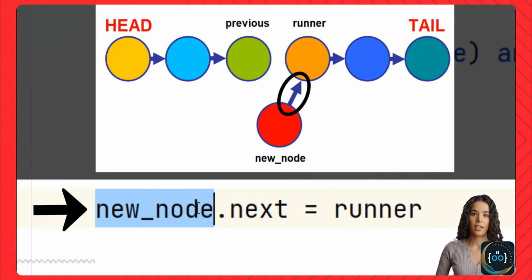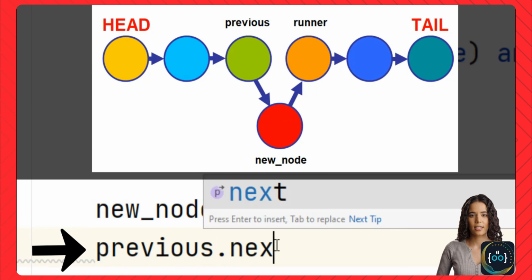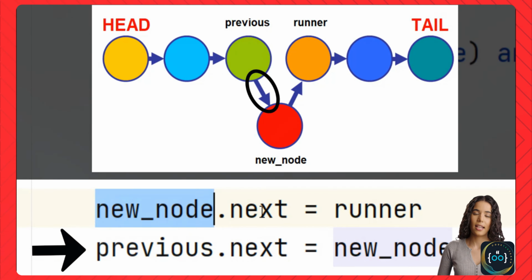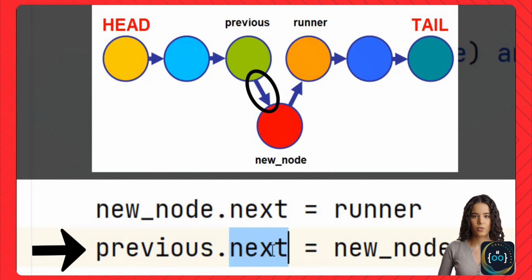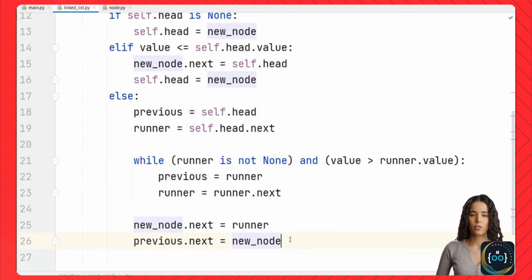So the new node has to point to the runner node and the previous node has to point to the new node. That is how we make the pointers to create the linear structure that keeps all the properties of the linked list. Awesome, right? With this code, we can insert a node, preserving increasing order in the data structure.